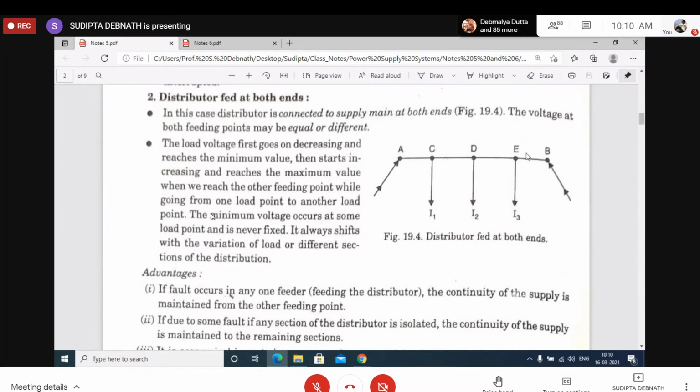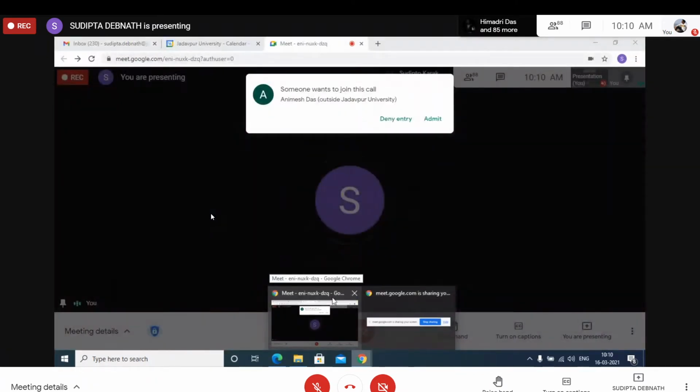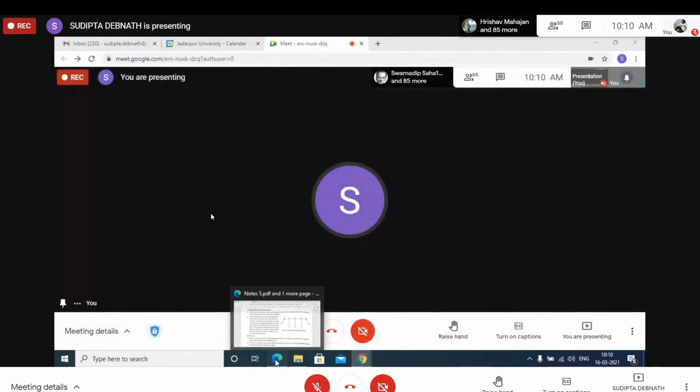So you can easily understand that the maximum voltage drop will occur somewhere in the distributor. You cannot exactly predict where the voltage drop will occur unless you know the voltages at the feeding points and the loads connected to the distributor.